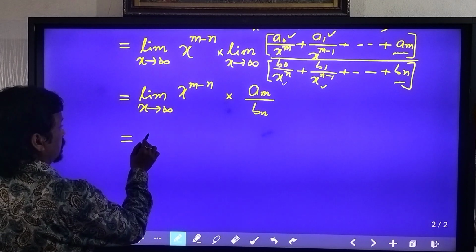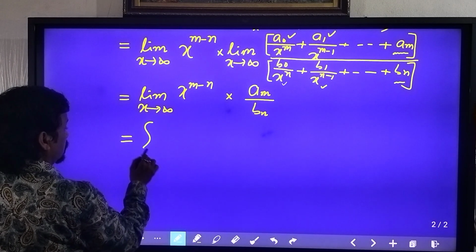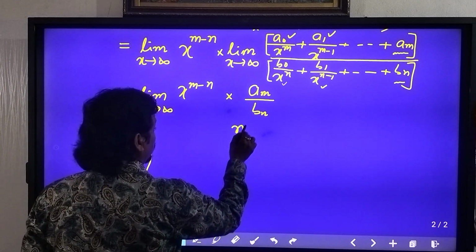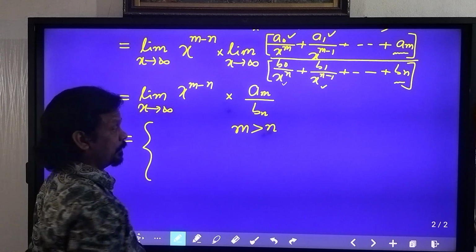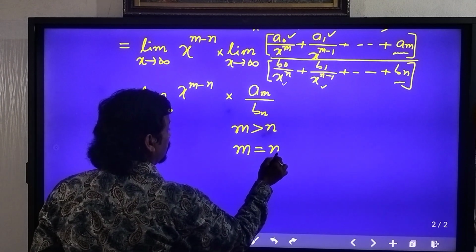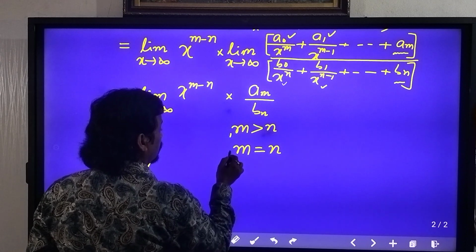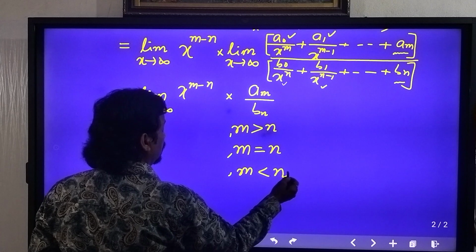Now there will be three cases. That means m can be greater than n, or m will be equal to n, or m can be less than n. There will be three cases.